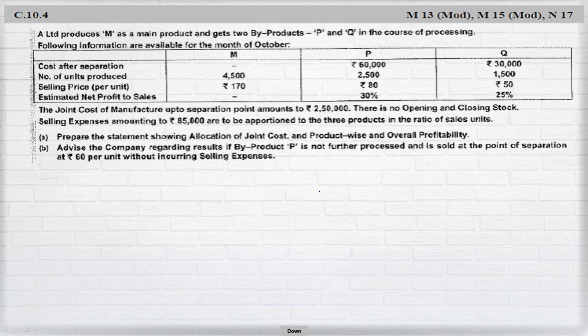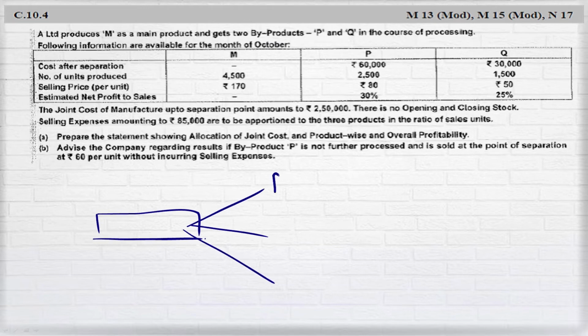Let us do one example and try to understand the same concept. A Limited produces M as a main product and gets two byproducts P and Q. So there is a process where we get M, P and Q, where P and Q are byproducts.